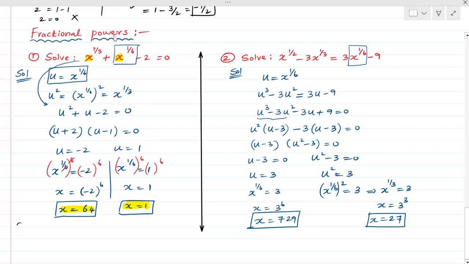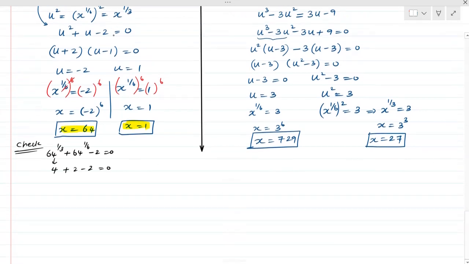Let us check the first one. 64 to the power 1 over 3 plus 64 to the power 1 over 6 minus 2 equals 0. So this is 4 plus 2 minus 2 equals 0. It should be equal to 0, but here you get 4 equal 0. It is not possible. Therefore it is not a solution for the equation.